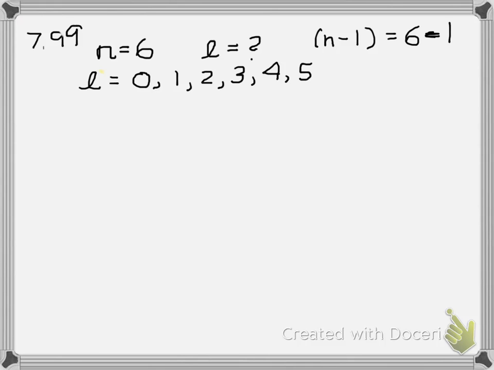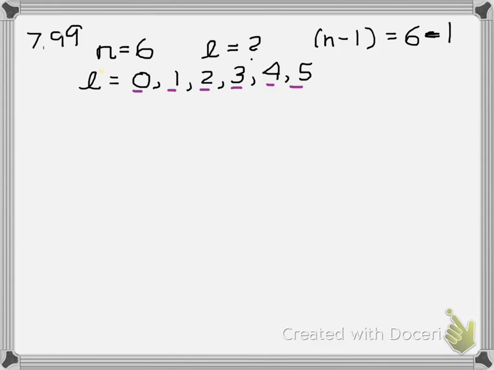Now notice if you count it up, there are 1, 2, 3, 4, 5, 6 values for l. And that is actually a generalization you can make. Whatever level you're in, that is the number of l values that are possible.